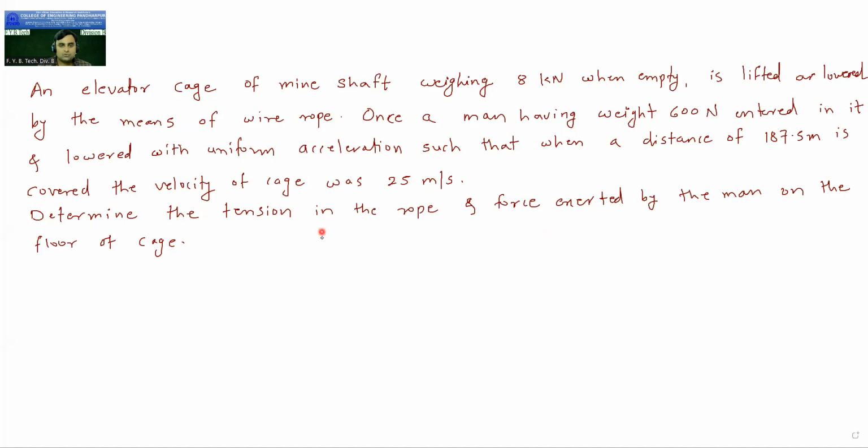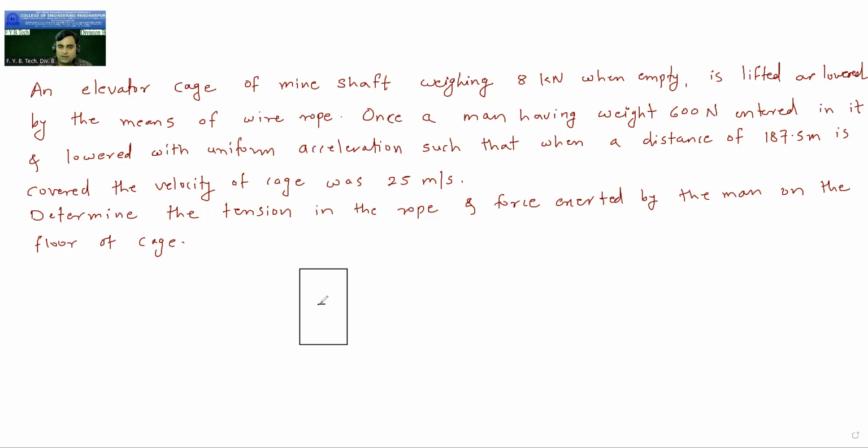Okay. So first of all, I will draw the diagram. Suppose now this is the lift. This is the elevator cage. Okay. So in this elevator cage, its weight is 8 kilonewton and the weight of man is 600 Newton. So when this man is entered into the cage, what will be the total weight? 8,600.